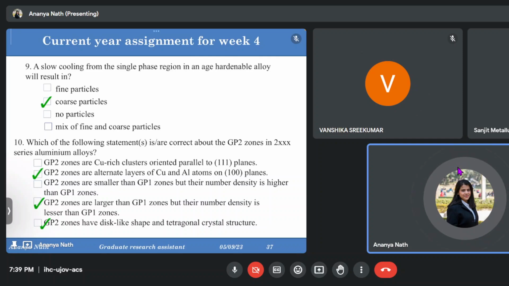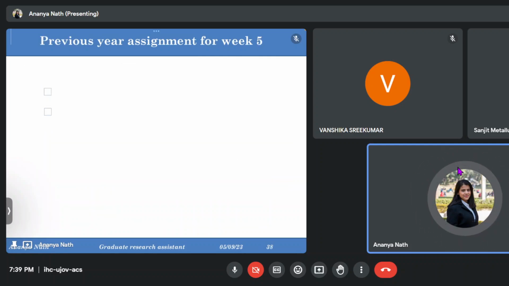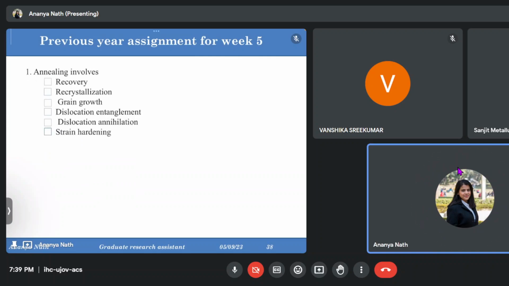The GP zones are alternate layers of Cu and aluminum atoms on 100 planes. GP2 zones are larger than GP1 zones, but their number density is lesser than GP1 zones. Obviously, they are growing. And GP2 zones have a disc-like shape and tetragonal crystal structure.